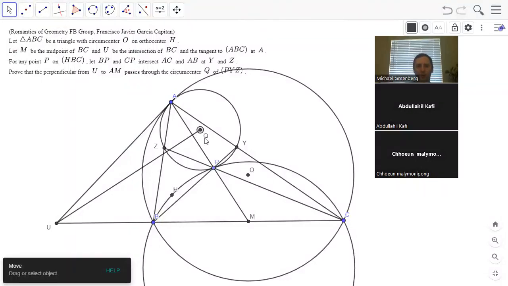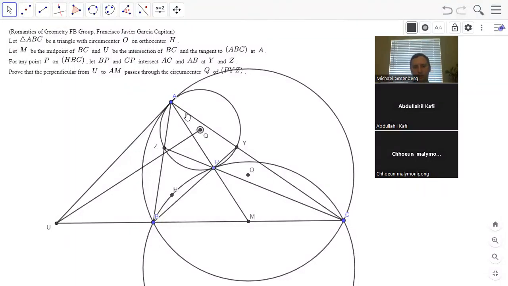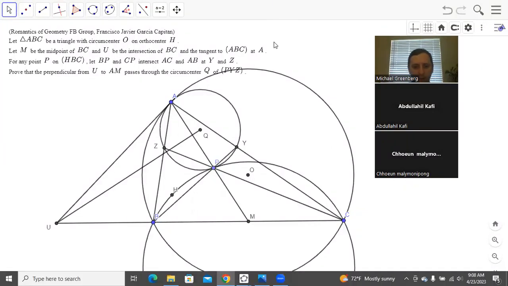How do we know that the power of Q with respect to this circle is the same? Well, wait a second. QA equals QP. This basically implies that Q lies on the perpendicular bisector of AP, right?